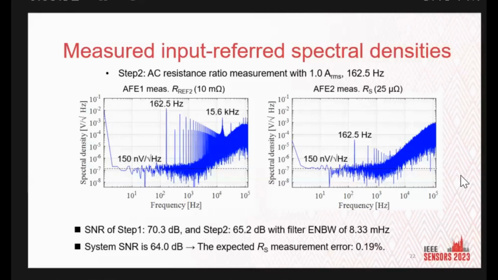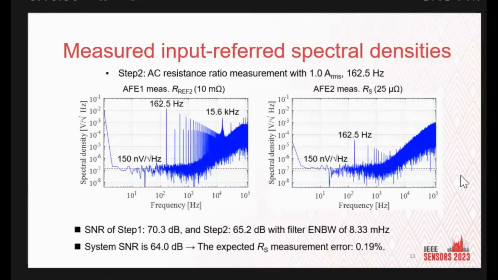The SNR of step 1 is 70 dB, and step 2 is 65 dB, with this filter effective noise bandwidth of 8.33 mHz. The system SNR calculated from these results is 64 dB. The expected shunt resistance measurement error is 0.19%.